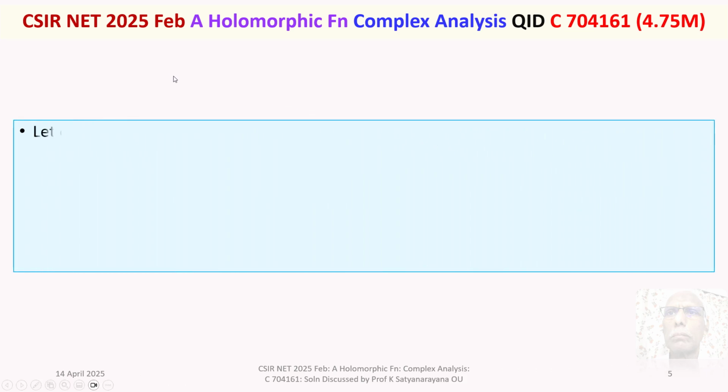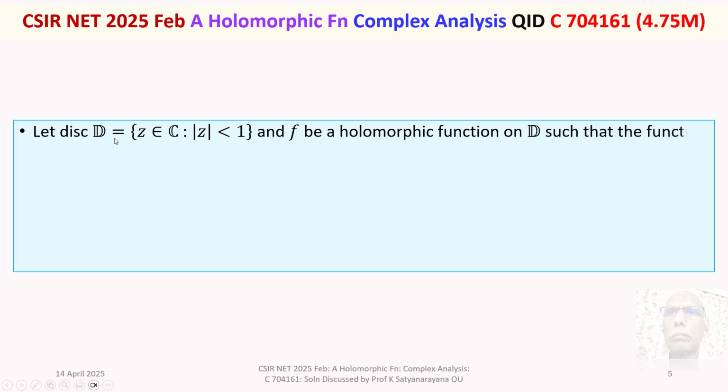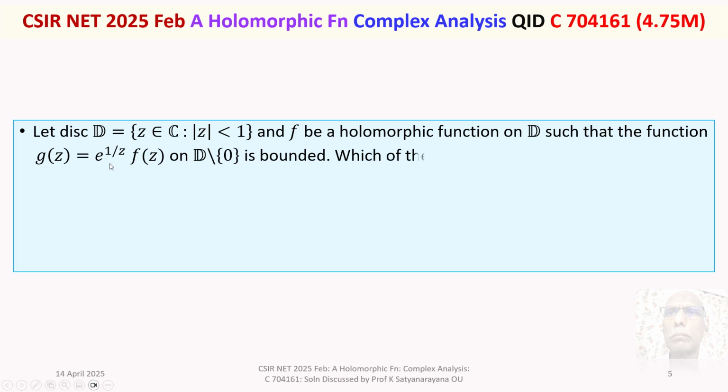The given question is: let the disk D be equal to the set of all z belonging to C such that mod z is less than 1, that is, the unit open disk, and f be a holomorphic function on D, that is, f is an analytic function on D, such that the function g of z is equal to e to the power of 1 by z into f of z on D minus the singleton 0 is bounded.